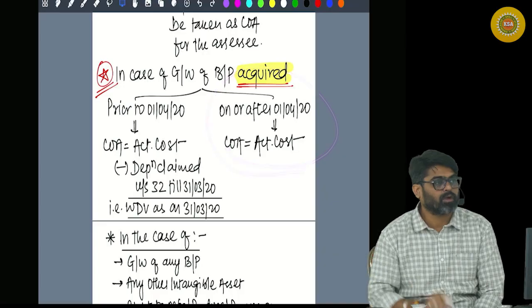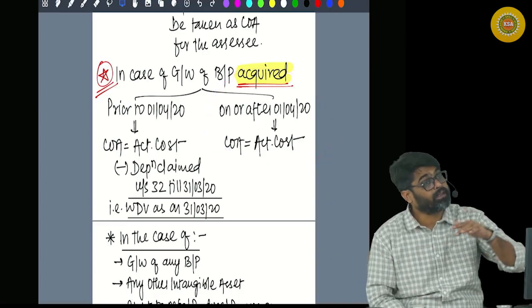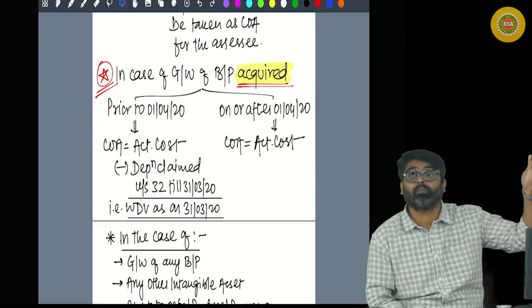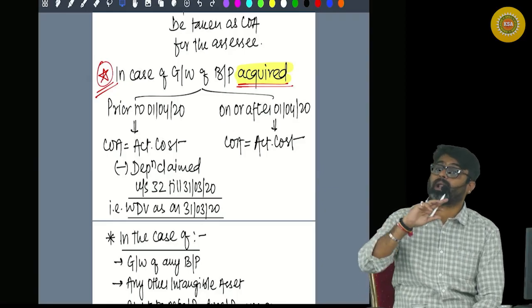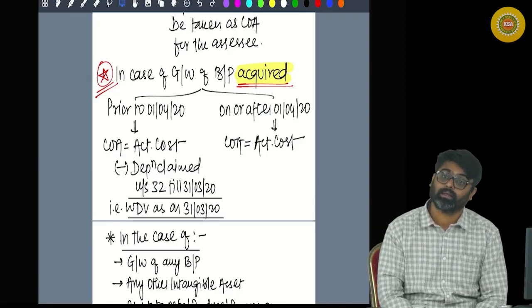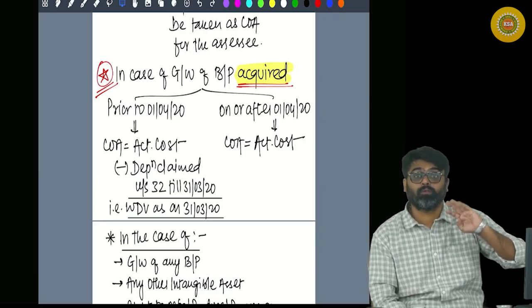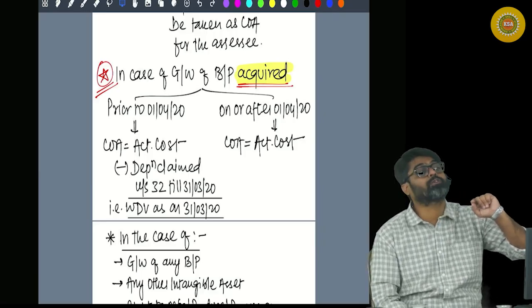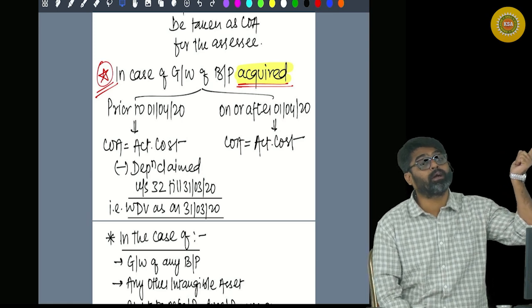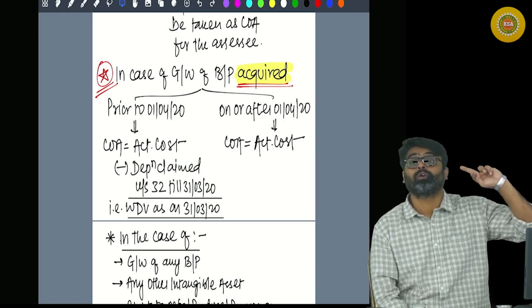Actual cost, because this was never allowed under the head PGBP in the form of depreciation. But was there any goodwill acquired prior to 1st April 2020? Yes, and some of its cost was already claimed under the head PGBP in the form of depreciation.